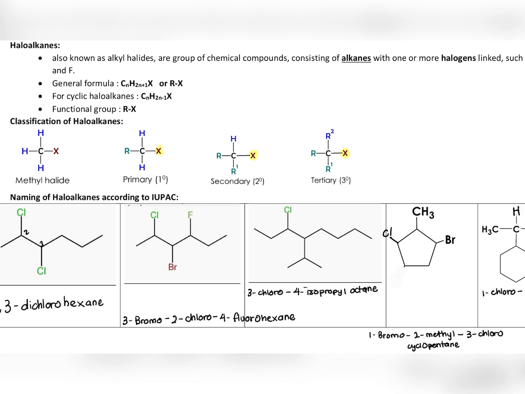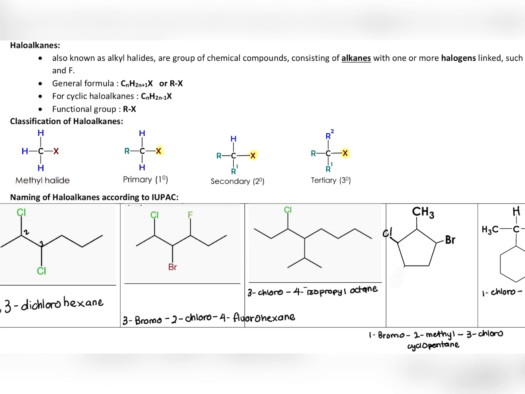Okay, so the first one, if your X or your halogen, X can be any halogen, directly attached to carbon. Okay, so let's refer to this carbon. Ada tak any alkyl group attached to it? If there's no alkyl group, therefore it is methyl halide.